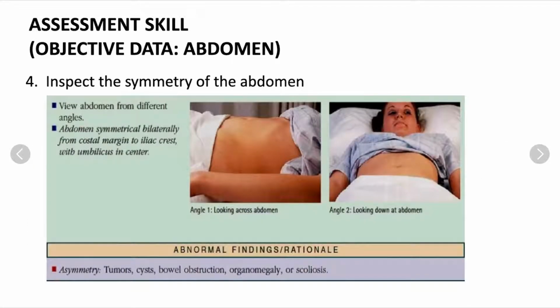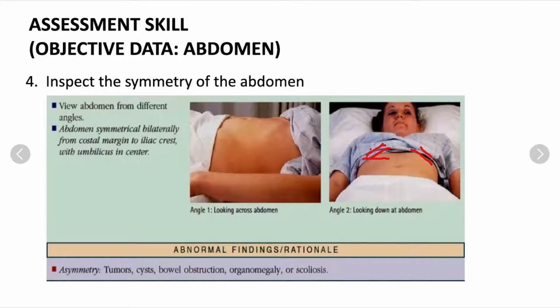Okay, so here we inspect also for the symmetry of the abdomen. Okay, so try to view it from different angles. The normal finding for it, the abdomen is symmetrical bilaterally from the costal margin to the iliac crest. Okay, so usually costal margin, yung dito sa rib area natin, diba? There is an intercostal space.